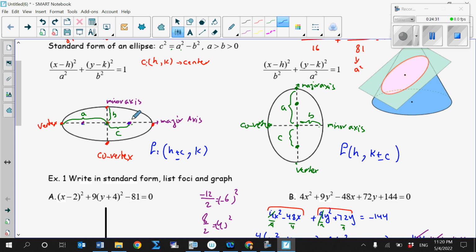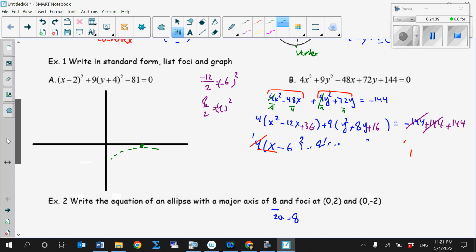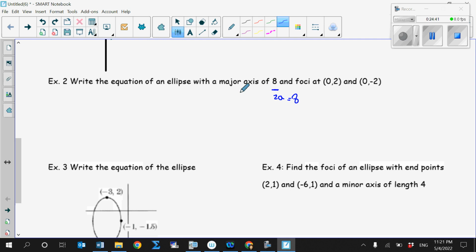The major axis itself will be 2a, and the minor axis will be 2b. Here 2a is 8, that means a is 4. So this is the first thing that we know: half of the major axis is 4.